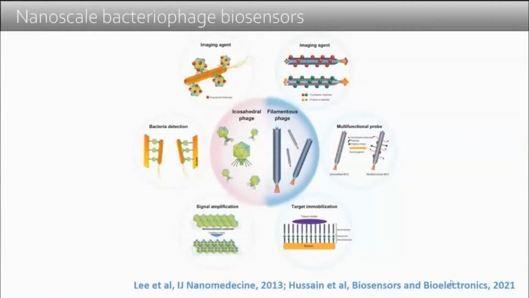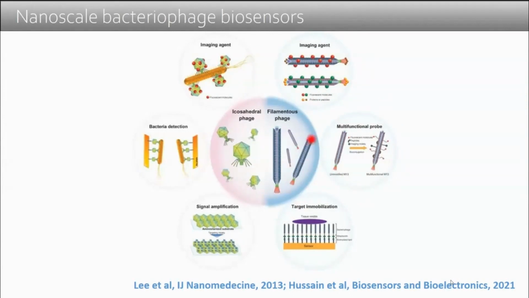You probably all know how phages are wonderful nanostructures and nanoscale tools. Many of us, of course, have heard about phage display. But by engineering phage, you can use them as imaging agents, using either filamentous or icosahedral phages.